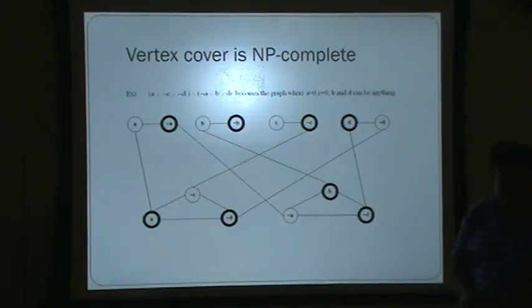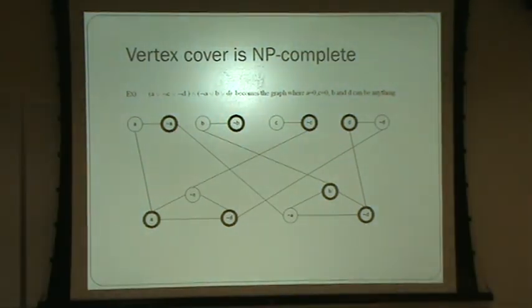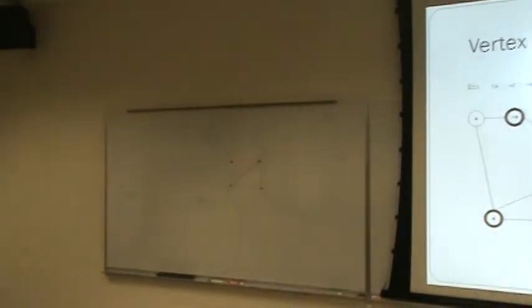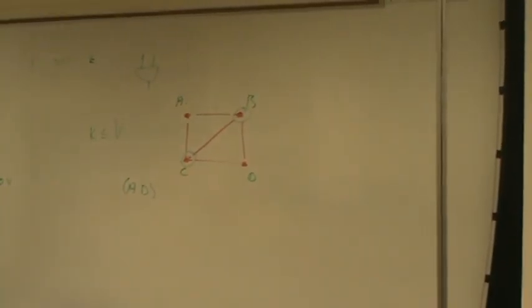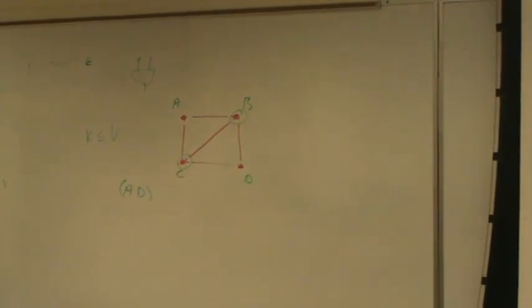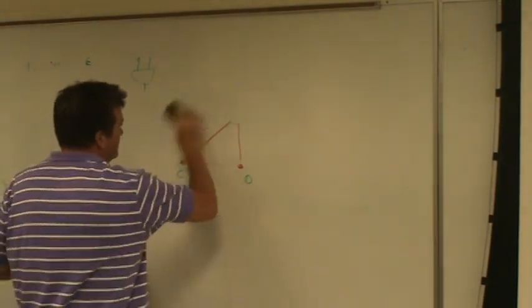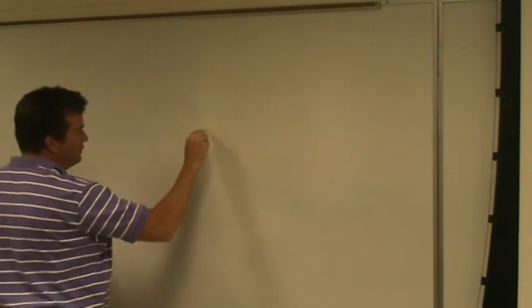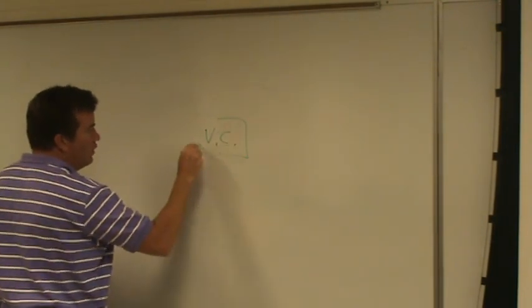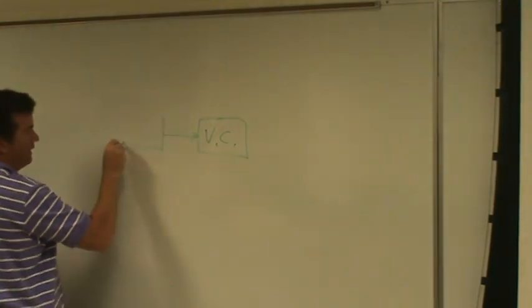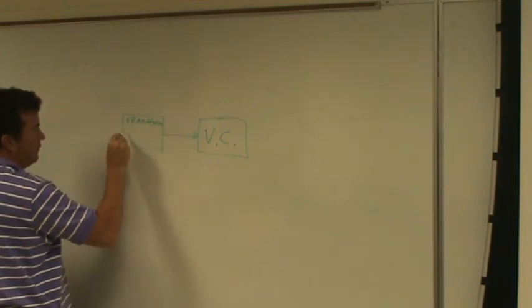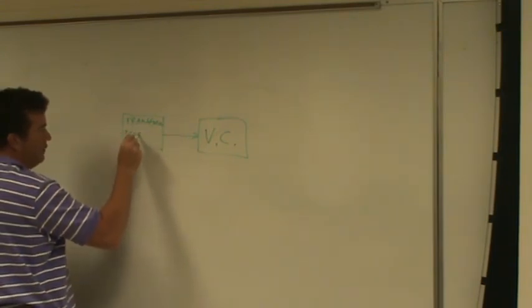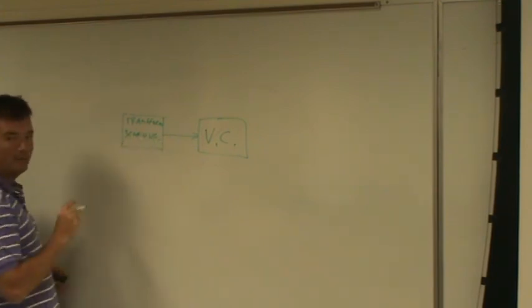So that's like the thing we were talking about before when we said, if somebody had a graph, I'm sorry, if somebody gave us a circuit, we would go like this. If somebody had a solution to the vertex cover problem, what we could do is transform the three conjunctive normal form problem into the vertex cover problem.